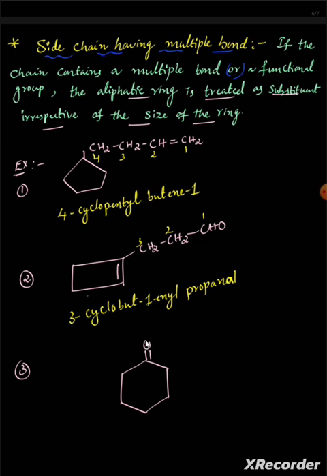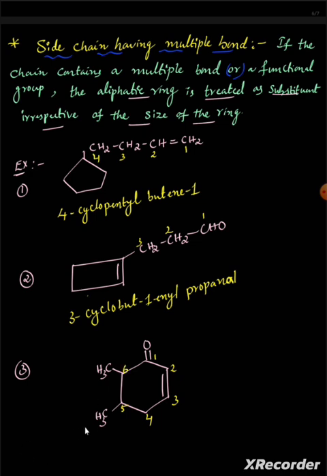Yes, there is a double bond O, double bond in the ring, and two substituents are there, methyl groups, CH3. Okay, the naming of the compound and how we are giving numbering. See, this is main function. Okay, that's why we can take it as 1 keto group, 1 2 3 4 5 6.